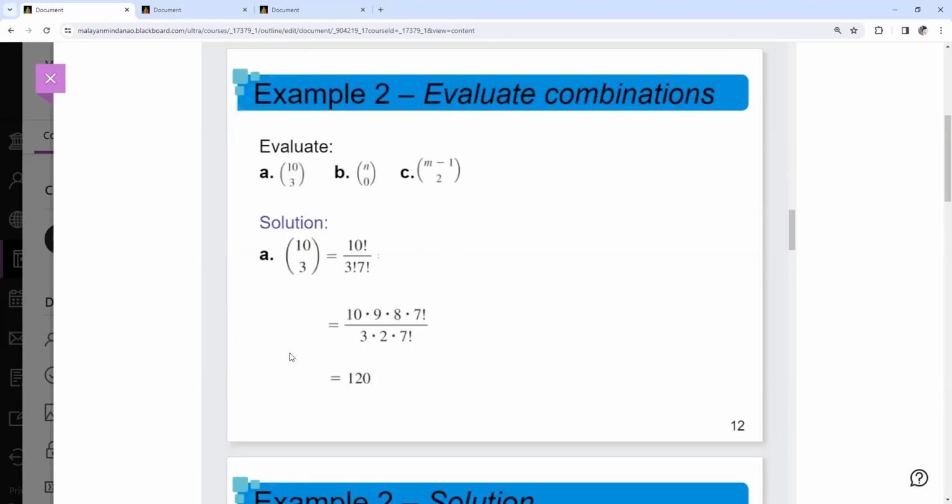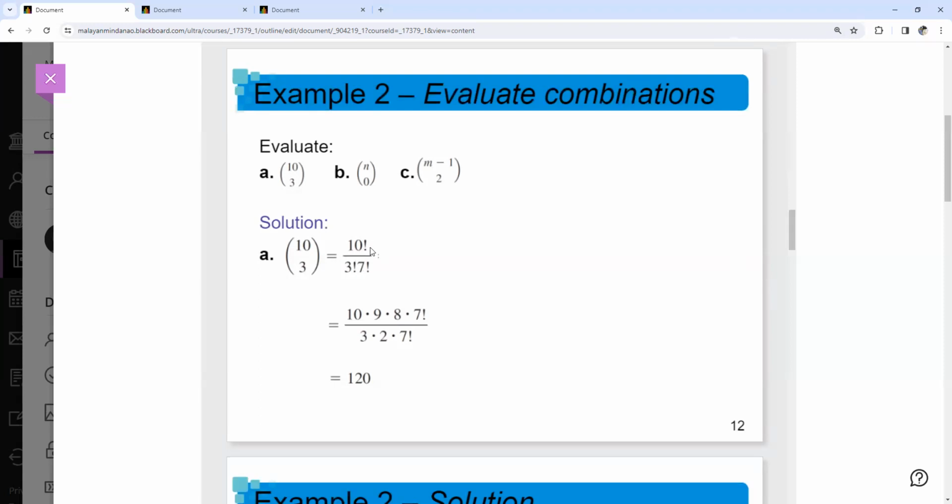So let's evaluate, for example, the combination problem of taking 3 from a group of 10. One example word problem would be, how many ways can you select a 3-person committee from a group of 10 people? If you use the formula, that's 10 factorial over r factorial, which is 3 factorial, times n minus r factorial, which is 10 minus 3, or 7 factorial.